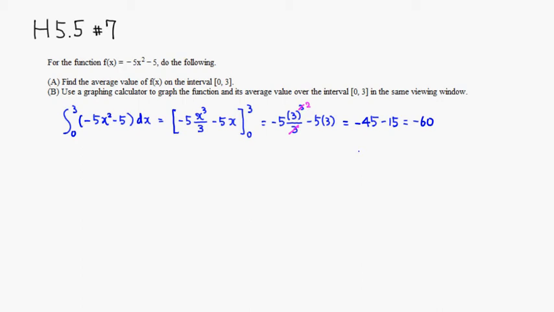Then the average value is going to be, you just have to divide by 3 because it's 3 minus 0. So negative 60 divided by 3 is negative 20.